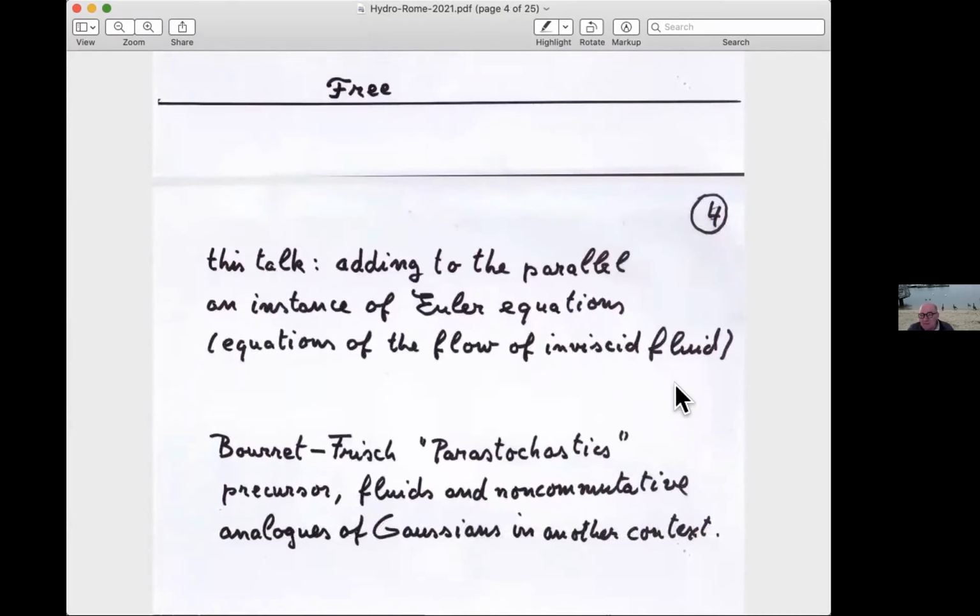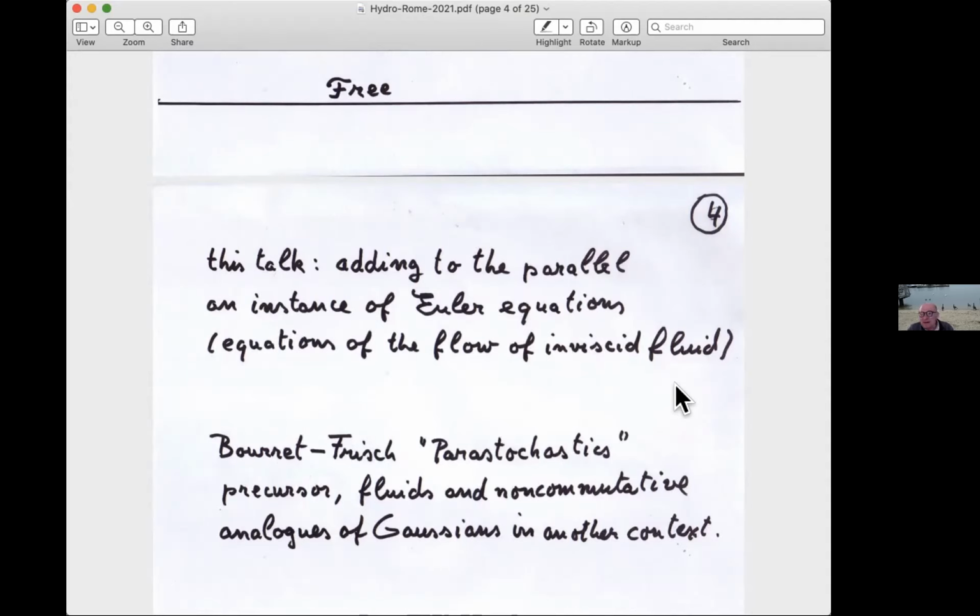this may seem to go very far from hydrodynamics, to go over to such non-commuting quantities and to think of hydrodynamical situations in this context. But there is a precursor to all this.